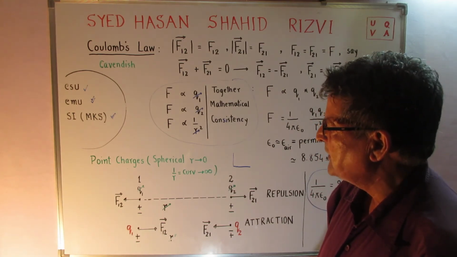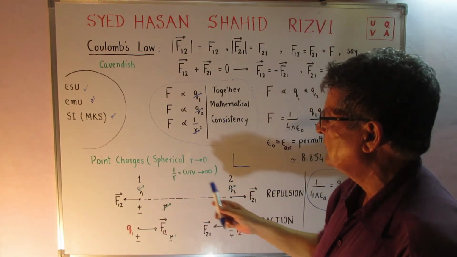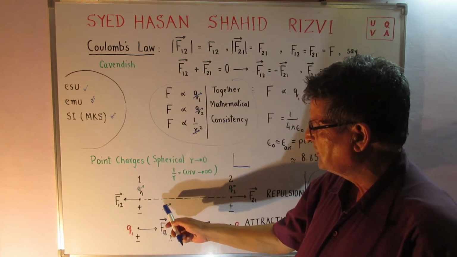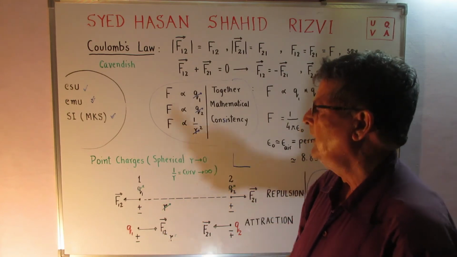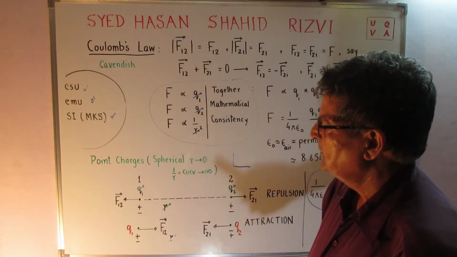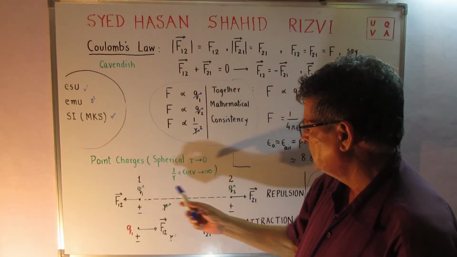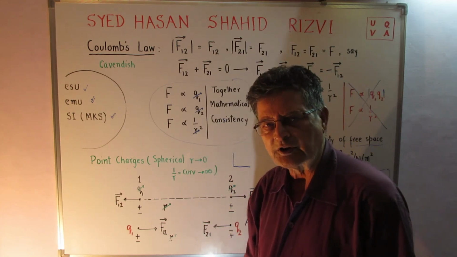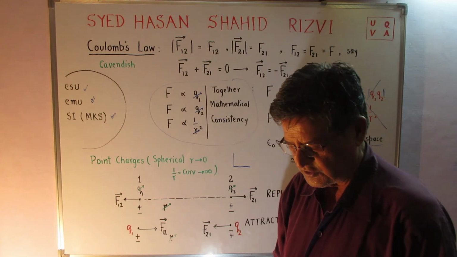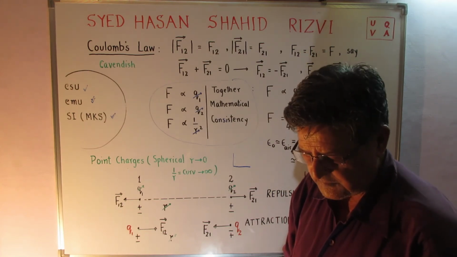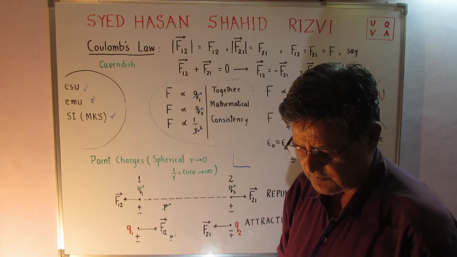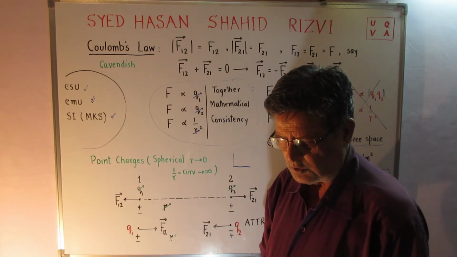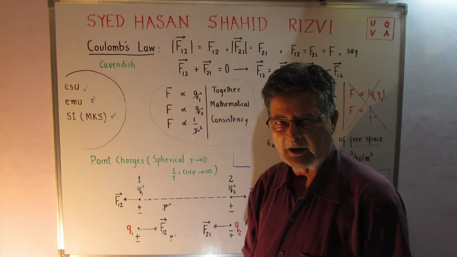So remember friends, these charges which we have taken, their size is much smaller as compared to the distance between them. Of course for extended bodies, the behavior and the distribution of charges is different, and we always try to give you extended bodies and see if you understand how the distribution takes place.